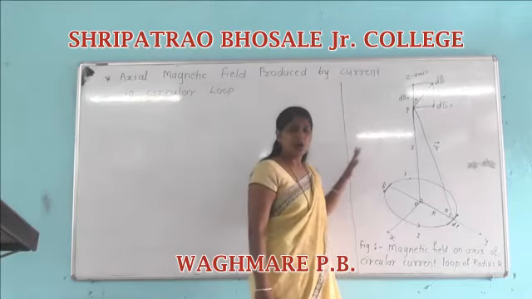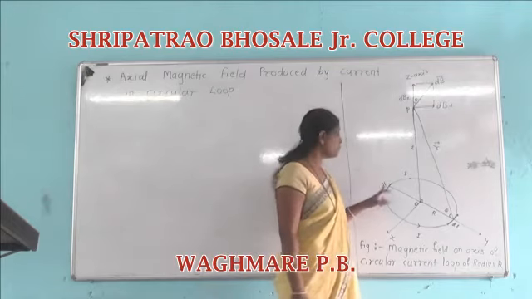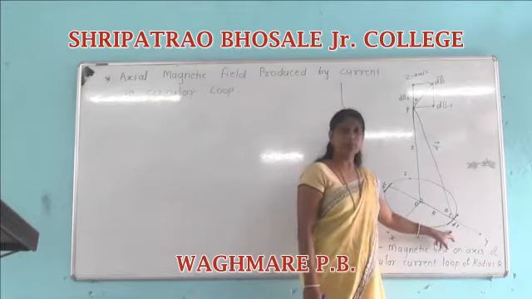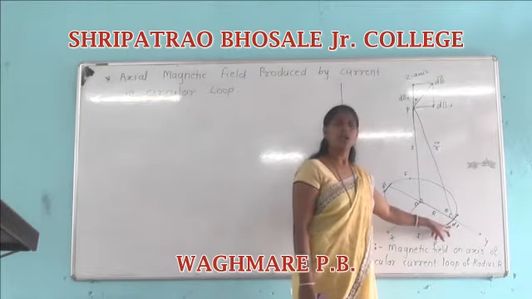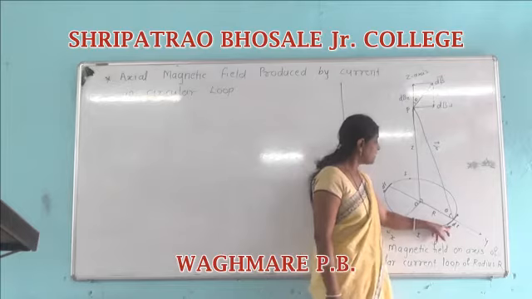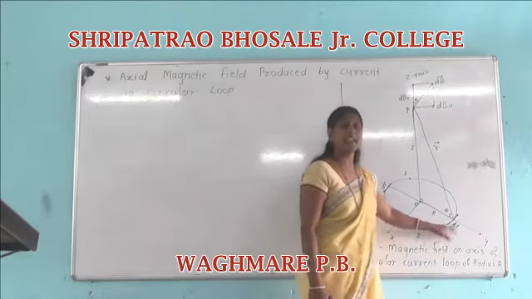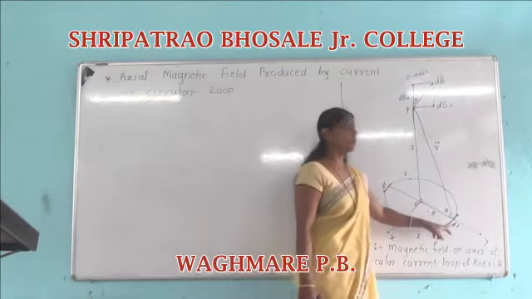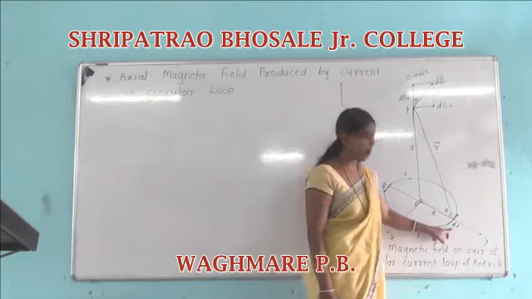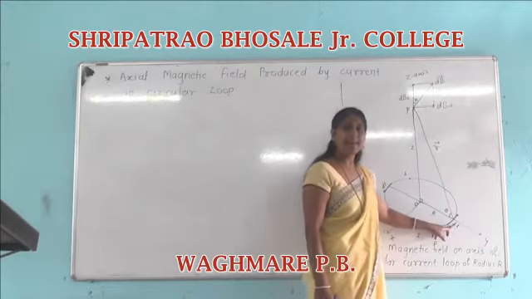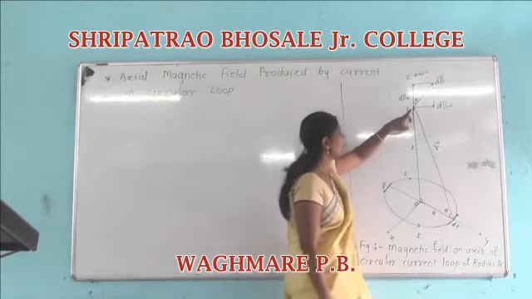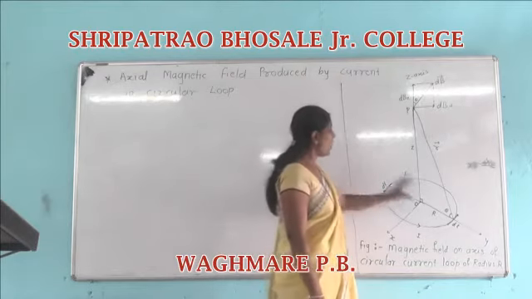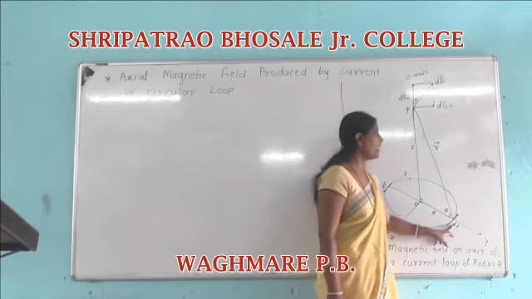Now first of all, we will consider a small length dl of this circular loop. The magnetic field produced due to the current passing through this small element dl at this point is given by dB.